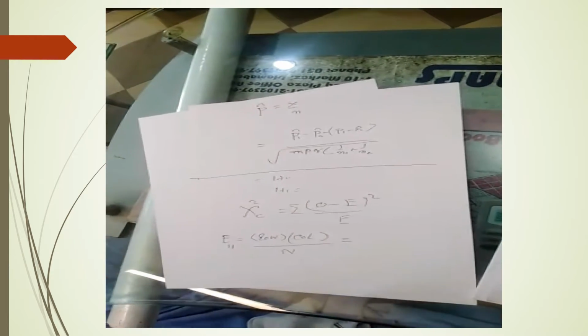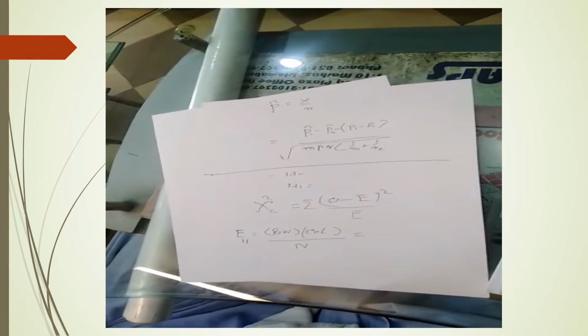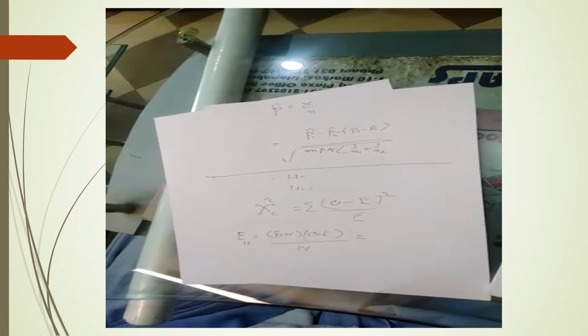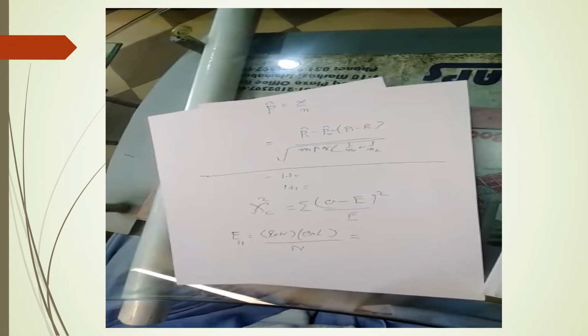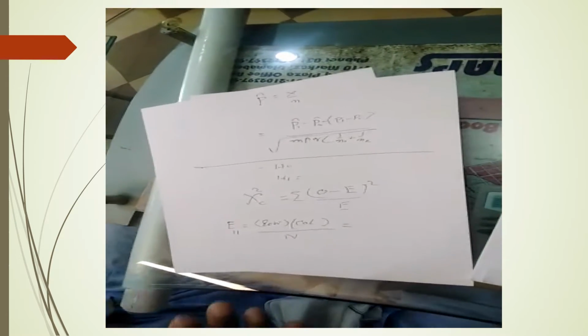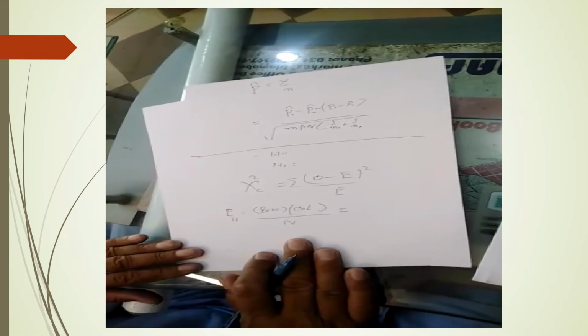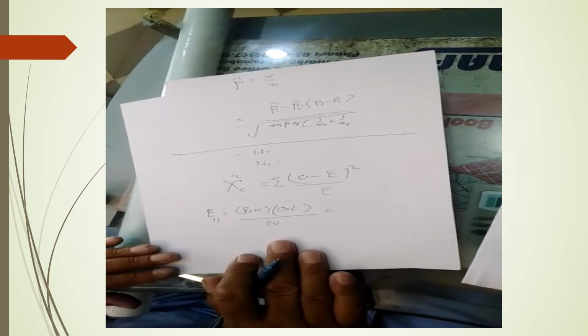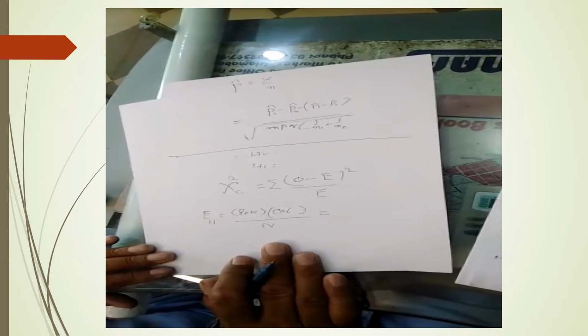We calculate this in the contingency table. With two rows and two columns, it is known as a 2 into 2 contingency table. If there are 3 rows and 3 columns, there will be a 3 into 3 contingency table.